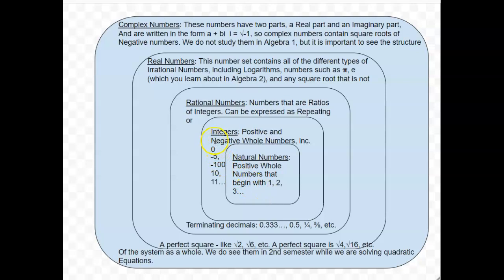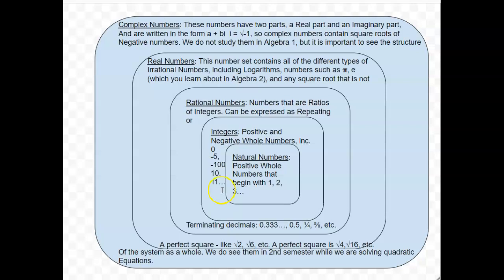The next set of numbers that is layered on top of the natural numbers, and I'm going to talk about that in a minute, are the integers, okay? Integers are positive and negative whole numbers, and they include 0, okay?